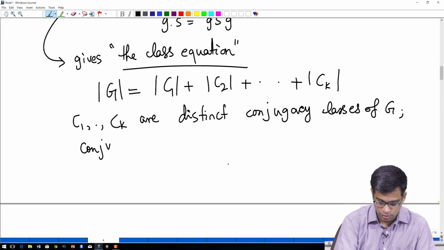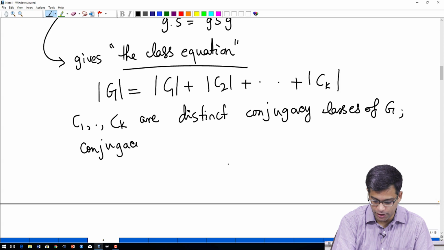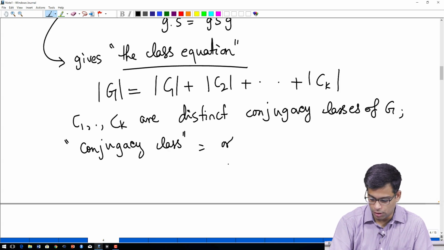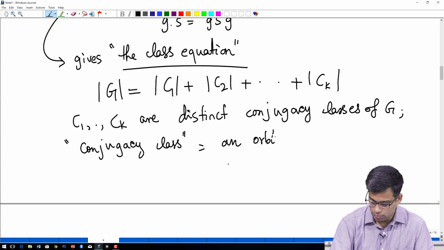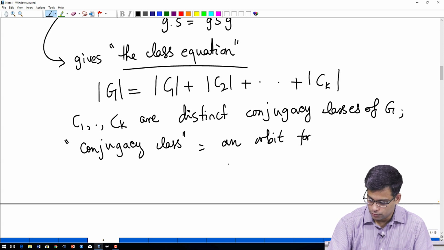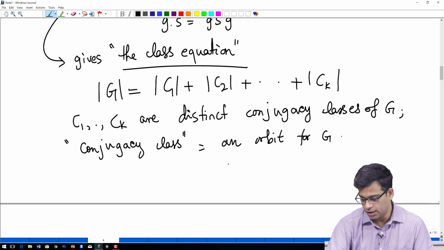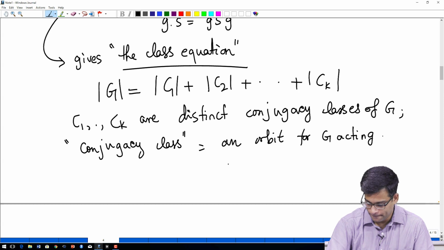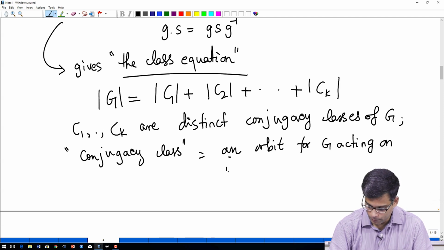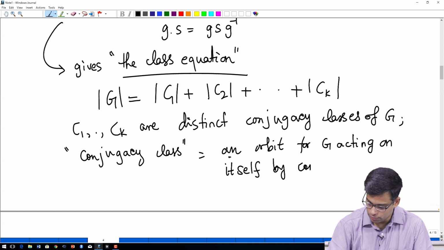A conjugacy class is simply an orbit, it is an orbit for G acting on itself by conjugation.